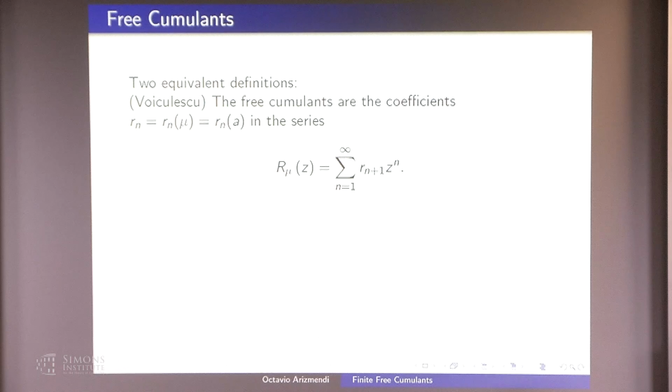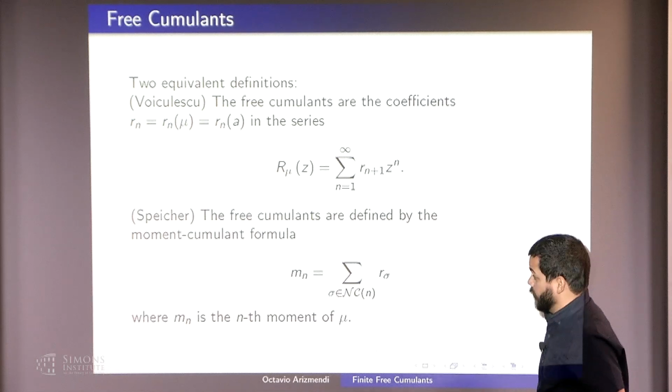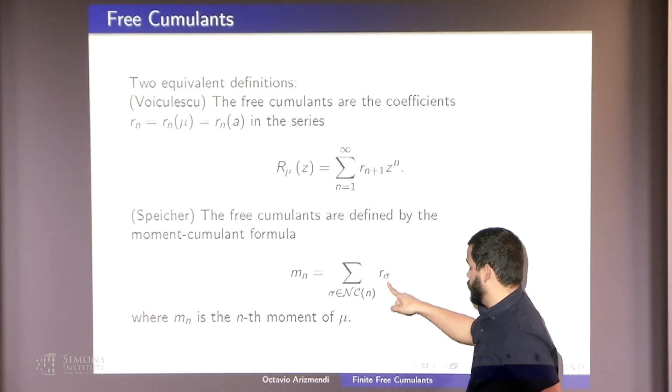The fact that it satisfies the other properties is not so complicated either. But maybe I want to emphasize the combinatorial approach to free convolution, which is given by the so-called moment-cumulant formula.